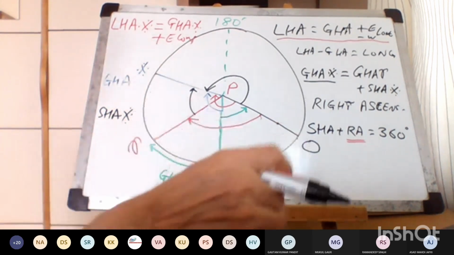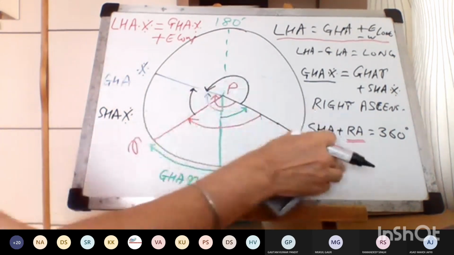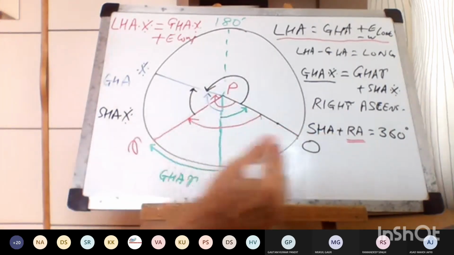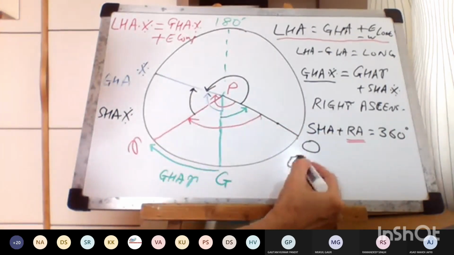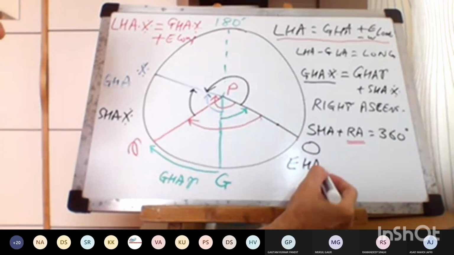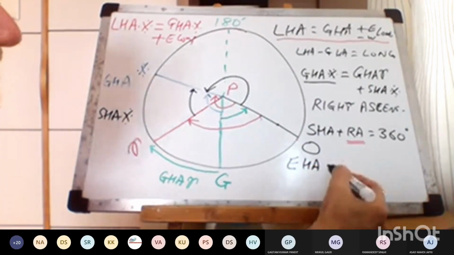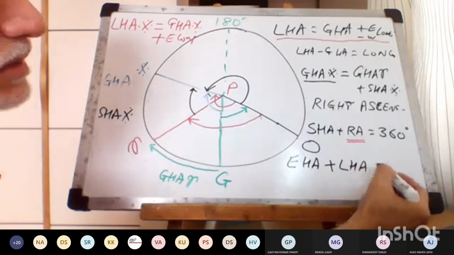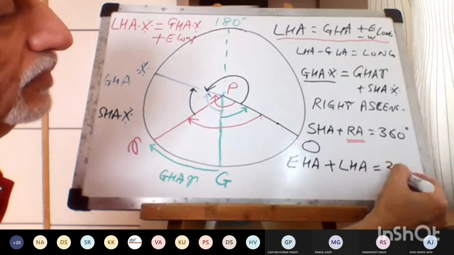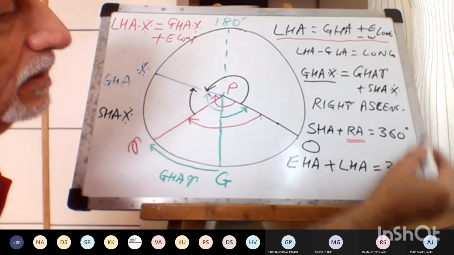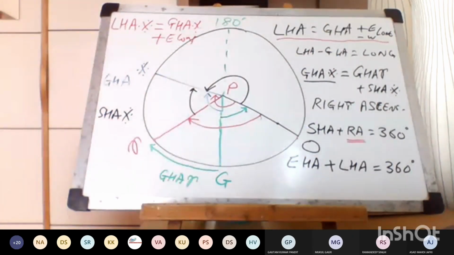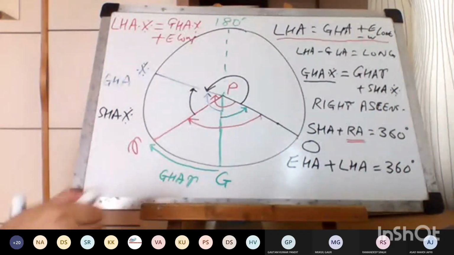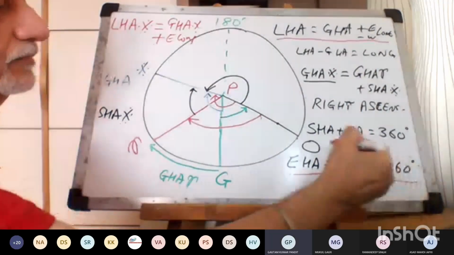If I go on the other side, it is called easterly hour angle, EHA. So remember, gentlemen, EHA plus LHA also is equal to 360 degrees. So this is understood by everyone? Yes, sir.